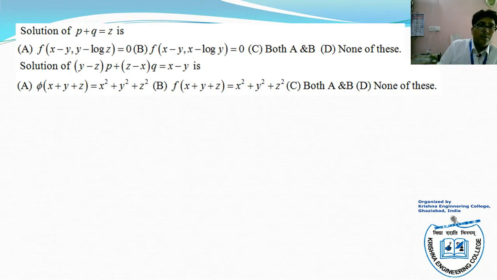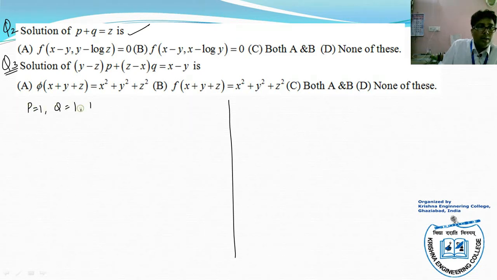Again this is a linear equation. This is question number 3. Here capital P is 1, capital Q is 1, and capital R is equal to z.